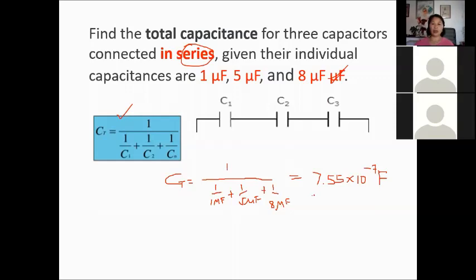Reciprocal. So kung merong calculator, paki-check. Wala problema? Kuha ninyo ang value. Sino na nakakuha sa value na 7.55 to negative 7?